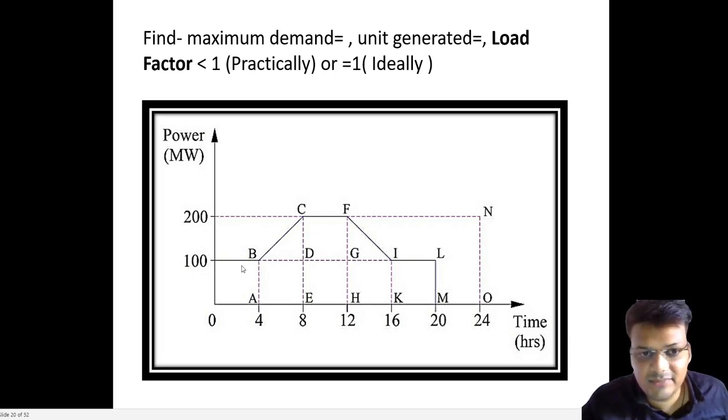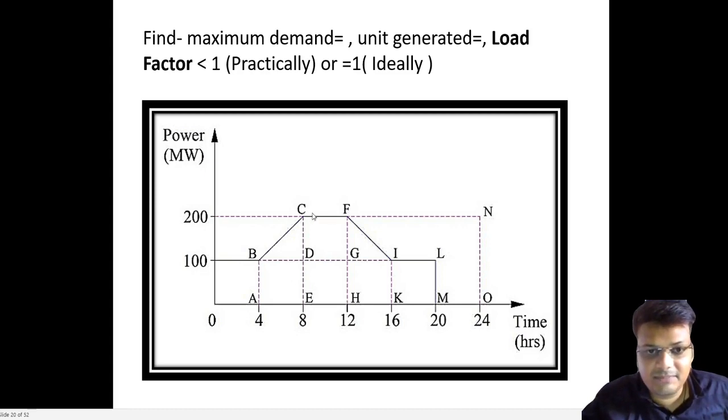If in a load curve the diagram goes up to 24 hours, that is okay. Suppose the power is generated by the power plant only for 20 hours; for calculating the load factor we don't bother about that. That will be considered while calculating the plant use factor, which I will discuss later.